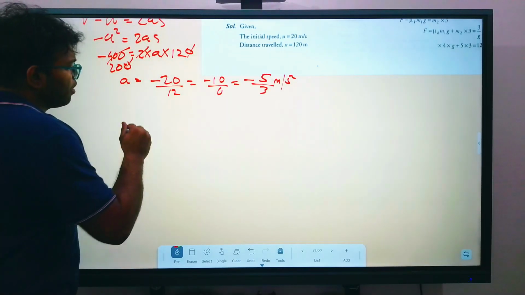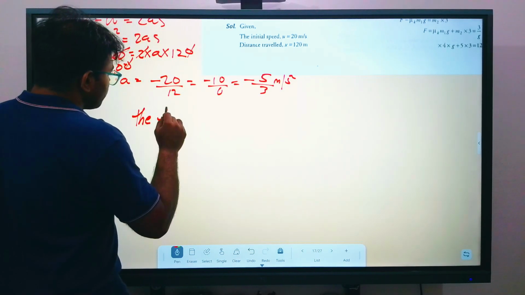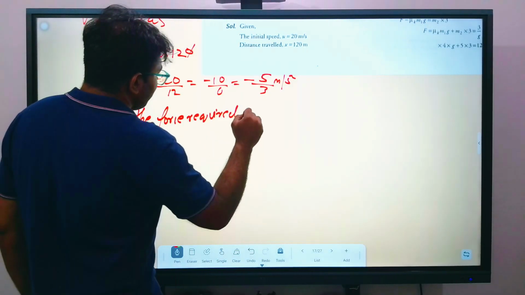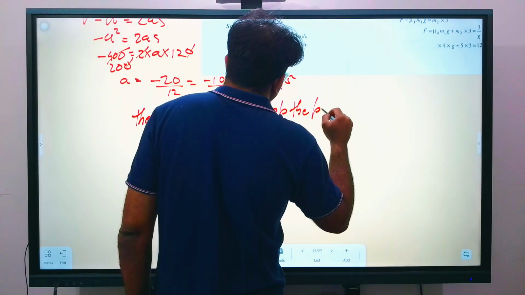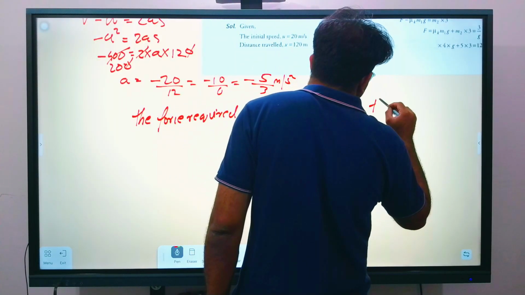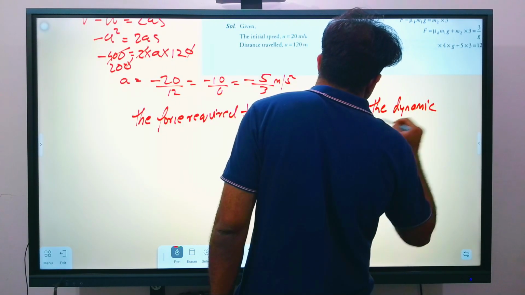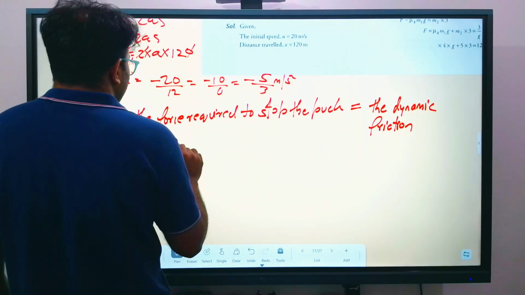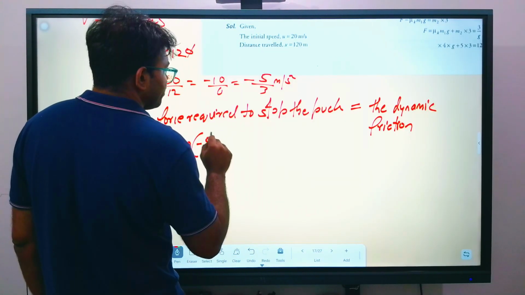So the force required to stop the puck is equal to the dynamic friction. I can write it as m multiplied by minus 5 upon 3.